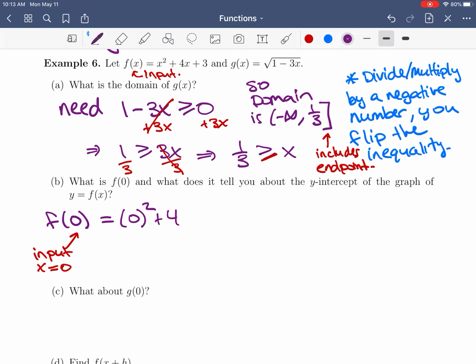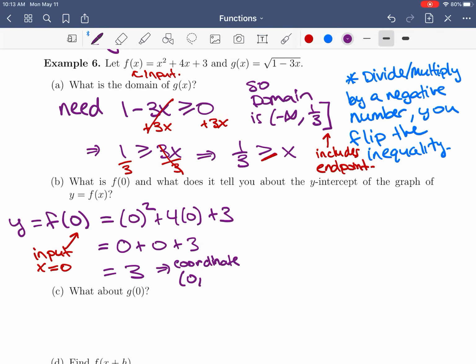So I'm going to have 0 squared plus 4 times 0 plus 3. So this is 0 plus 0 plus 3. So I get, and my f of 0, this is like the y value at 0. So this would have coordinate 0, 3.